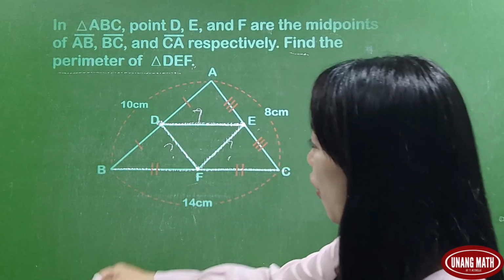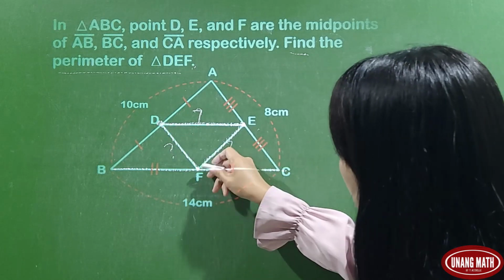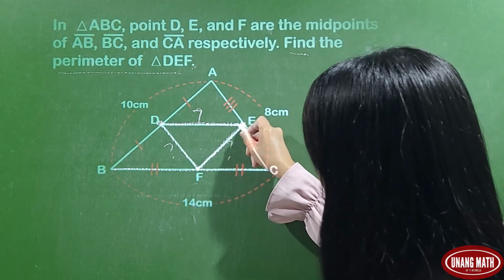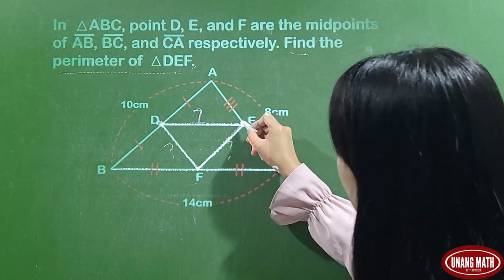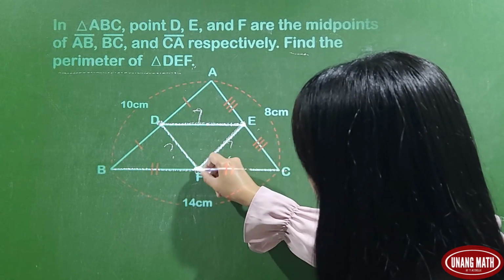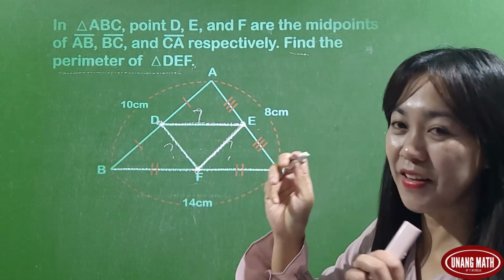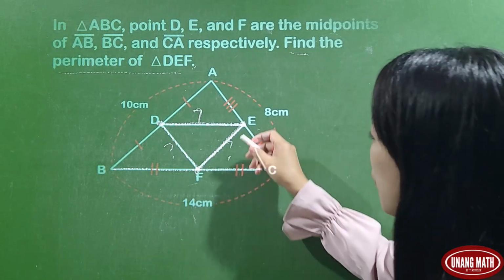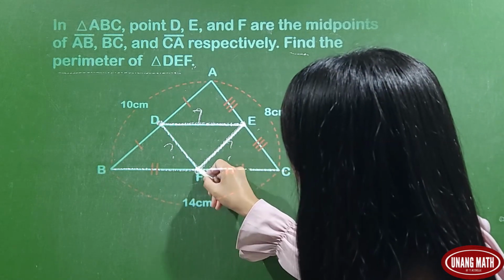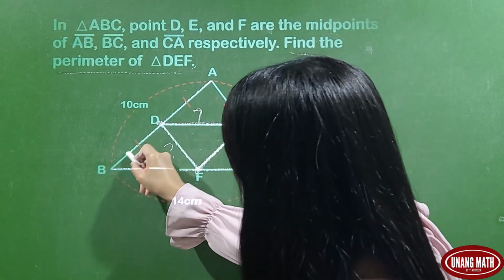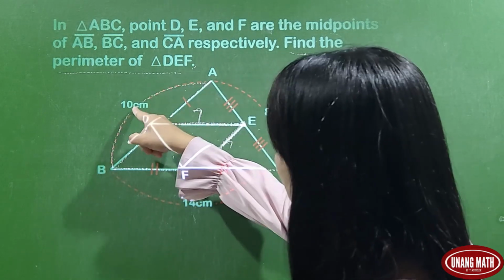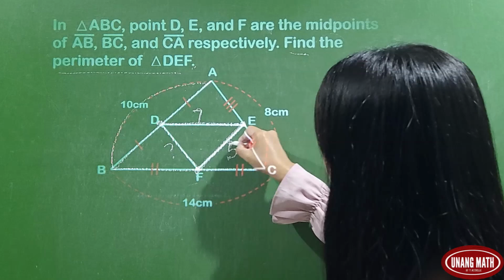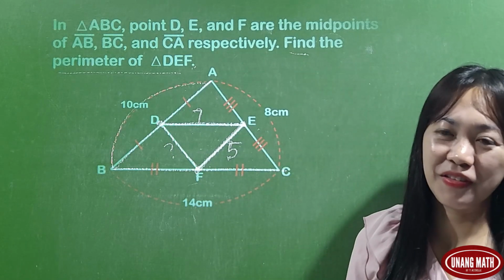So that's the measure of segment DE. Okay, we also need to get the measure of segment EF. This is a midpoint, so this is a mid-segment. So this will be half the measure of this length, 10 centimeters. So half would be 5 centimeters.